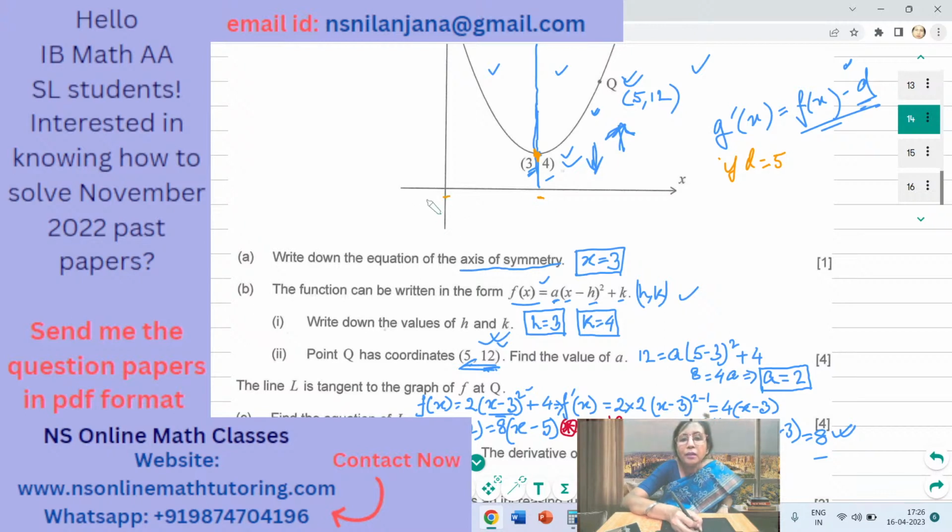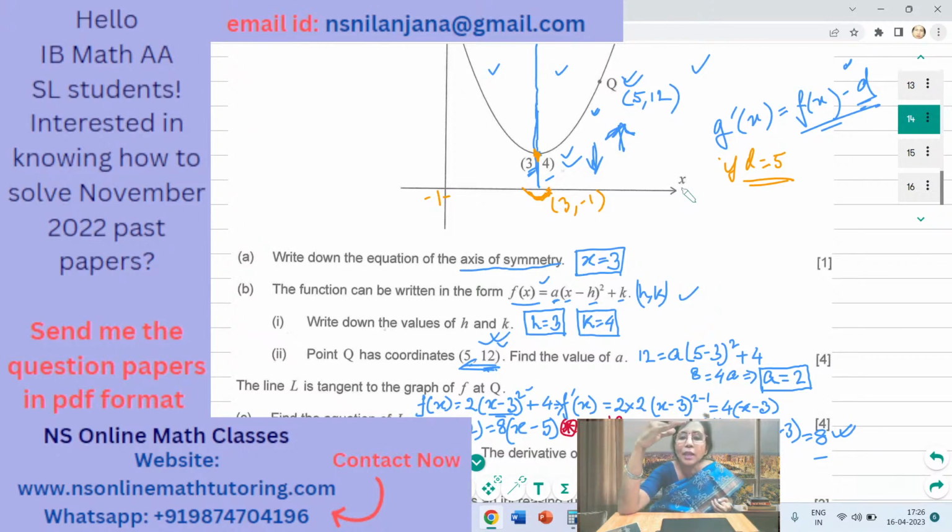This may be -1 because it will be getting translated down by 5 units. So the vertex will be over here, 3 and -1. And if the vertex comes below the x-axis, that means this part of the parabola will be having negative values. So for these values of x, g of x will not be an increasing function. We don't want that. So we cannot have this value as 5.